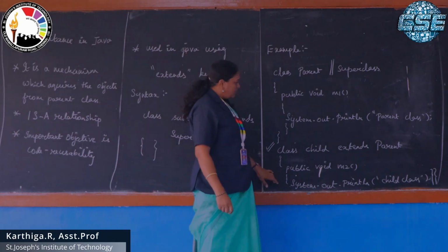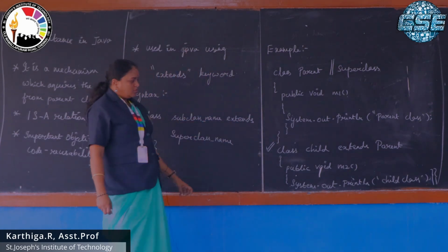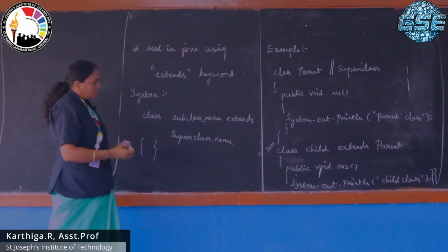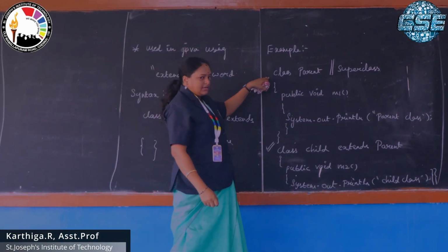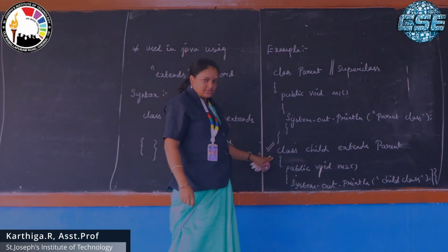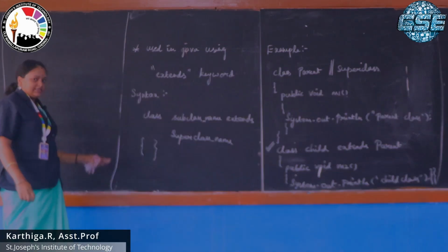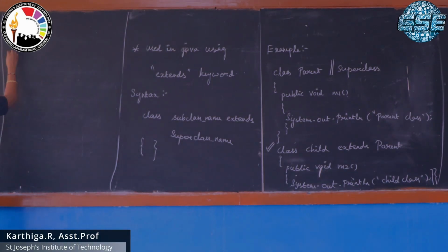Next we see how objects are created for these classes. Parent class, the super class, and child class are declared, and now we are going to create objects for these classes.